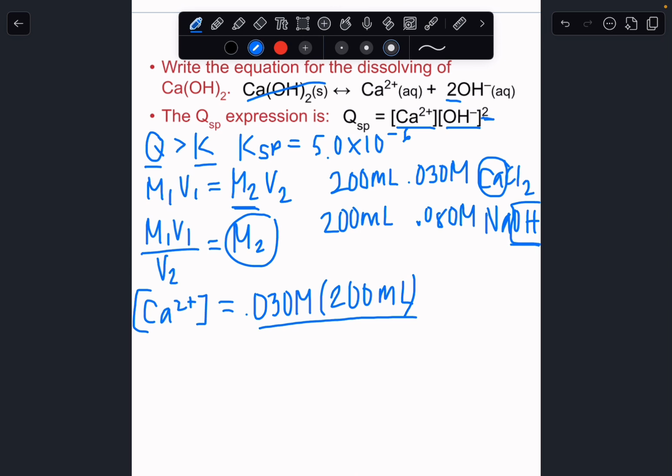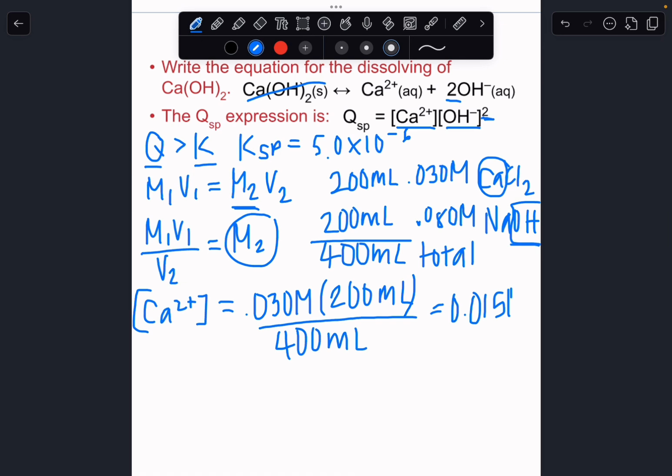And remember, this part's easy to forget for dilutions, but your dilution is going to result in 400 milliliters of total solution. So that's what's going to be your V2. And after calculating that, it's going to be 0.015 molar of Ca2 plus.